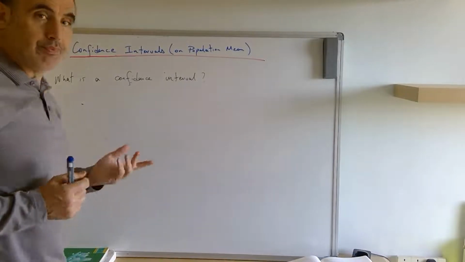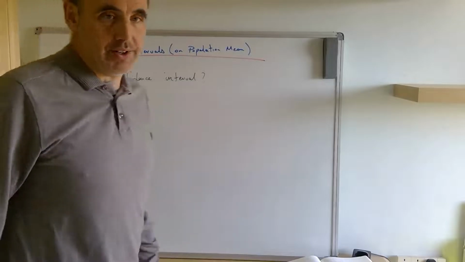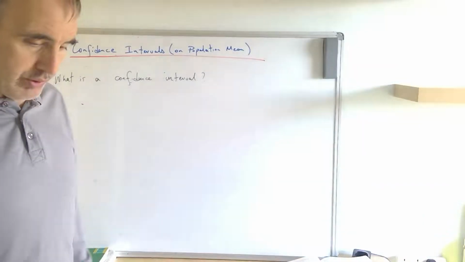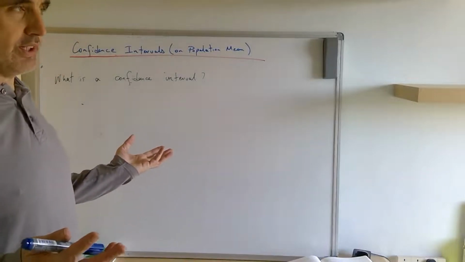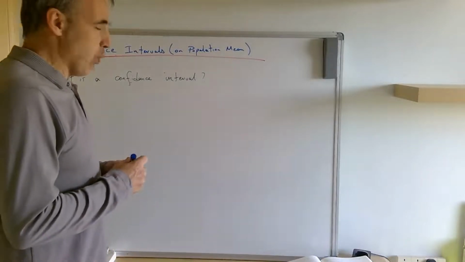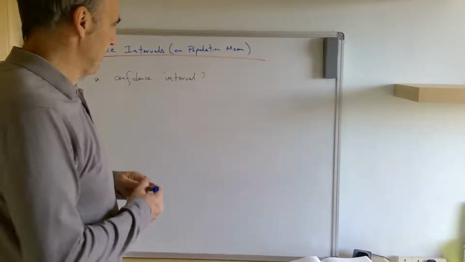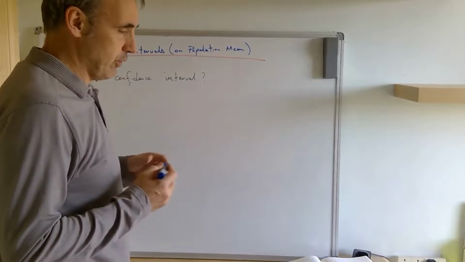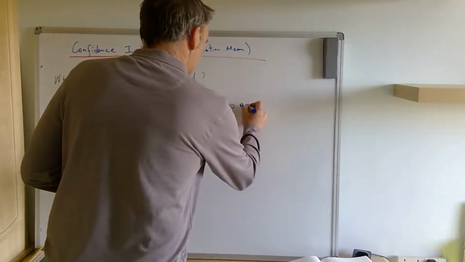Well, let me fast forward to an example we're actually going to do. You've got 64 sweets from a larger sample of sweets from a manufacturer, and they weigh 0.932 grams, say.